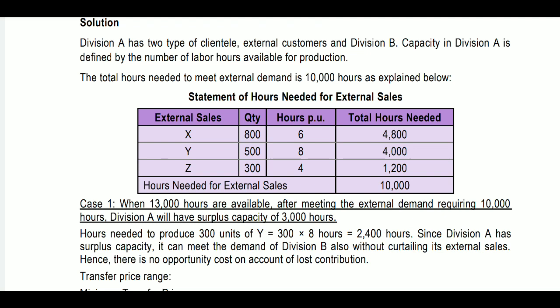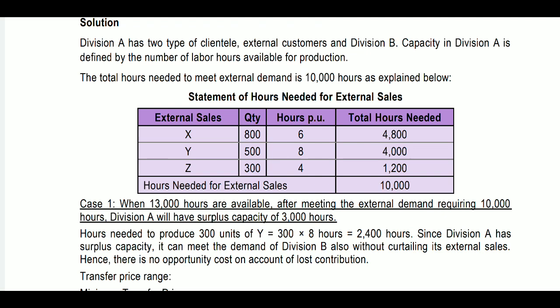Here, what is the total labor hours required? Quantity 800 into 6, 500 into 8, 300 into 4: we require 10,000 hours. In case 1, 13,000 hours are available and we require only 10,000, so 3,000 hours are excess hours, that is leisure hours.